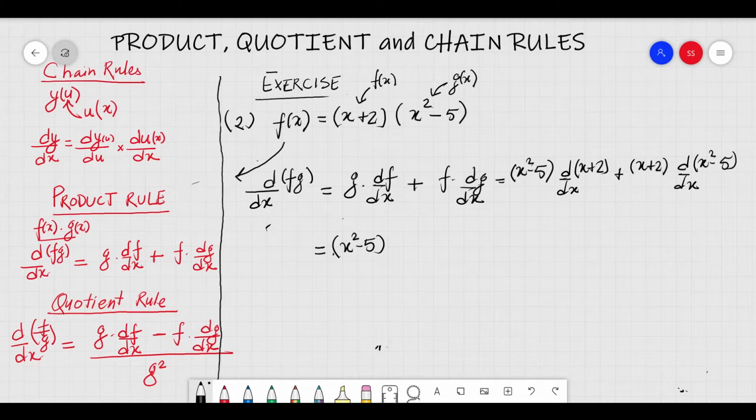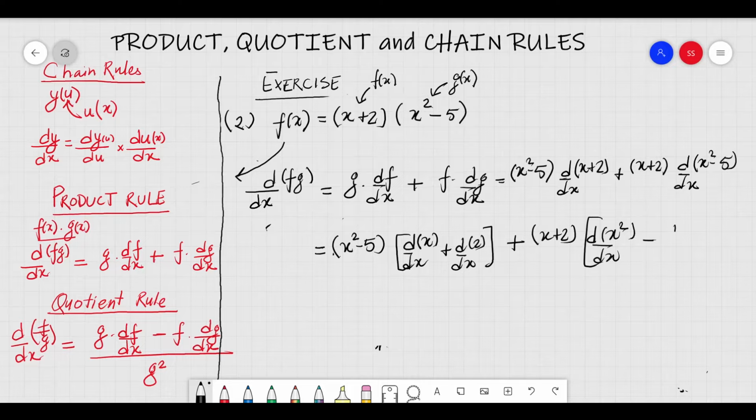If you want to recall, please go back to our previous video, but this would simply be (x squared minus 5) times (dx by dx plus d2 by dx), plus (x plus 2) times (dx squared by dx minus d5 by dx).